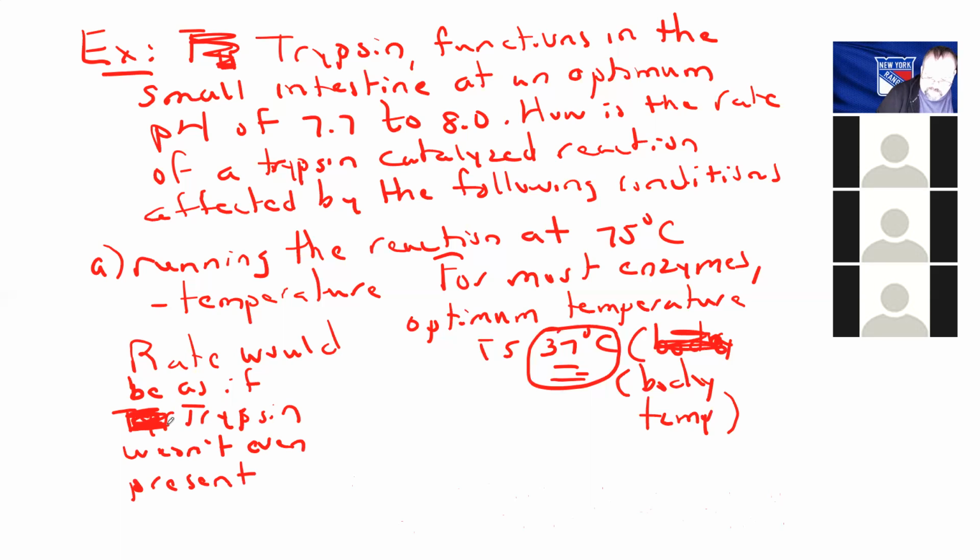If you put "rate will decrease," I'd be okay with that, because I would be okay with the assumption that the starting temperature was 37. But they say in the question running the reaction at 75. So to me, the most appropriate answer would be that the rate would be as if the trypsin wasn't even present, because basically at that temperature, the trypsin should be denatured.